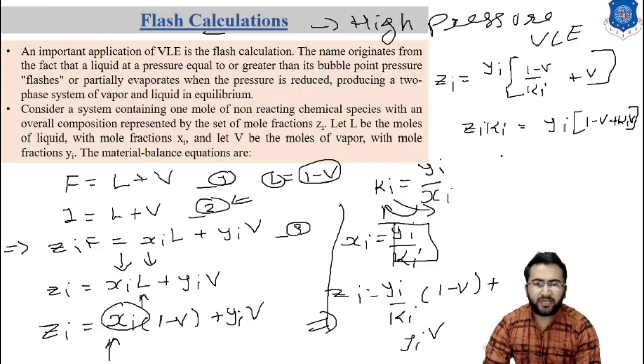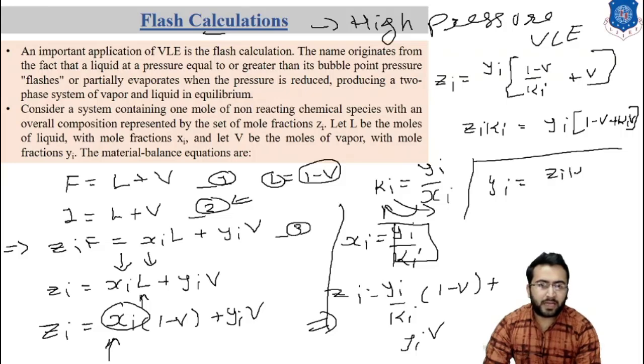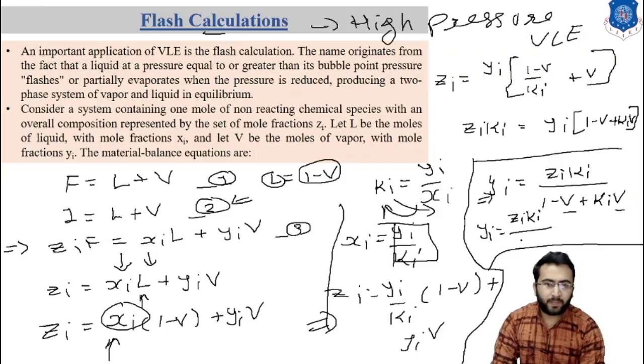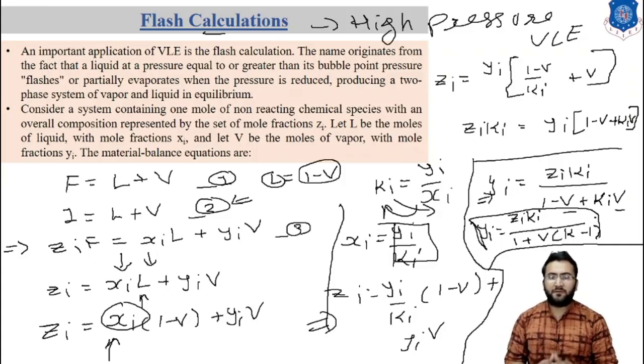Now let us make Yi the subject, then this equation becomes Yi is equal to Zi upon Ki upon 1 minus V plus Ki into V. So rearranging this equation, we will get Yi is equal to Zi Ki upon 1 plus V into (K minus 1), which becomes our equation for the flash calculation. So this is the equation for the flash calculation.